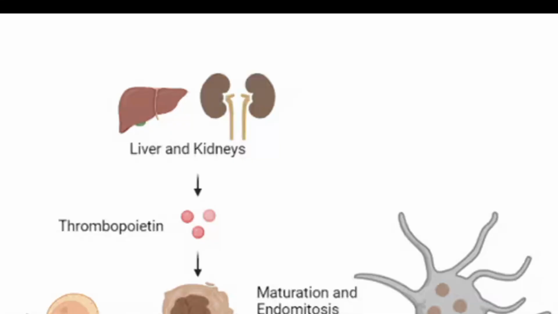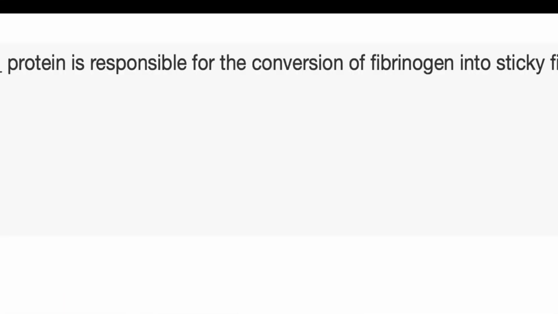Great, cool. Moving on to the seventh question of the session. Dash protein is responsible for conversion of fibrinogen into sticky fibrin that helps bind the clot. I will read the question again.